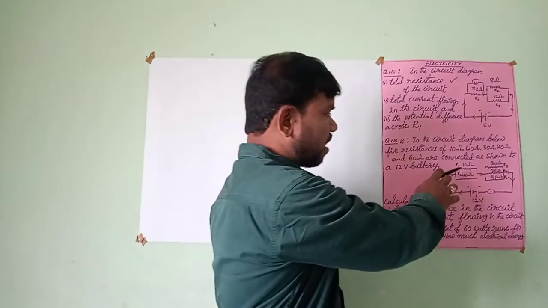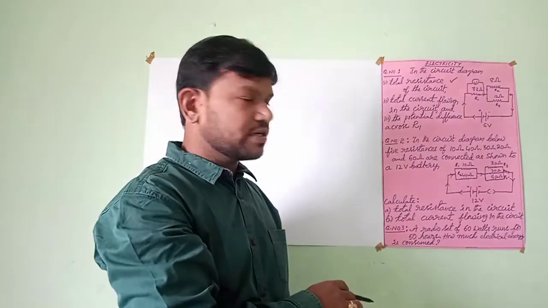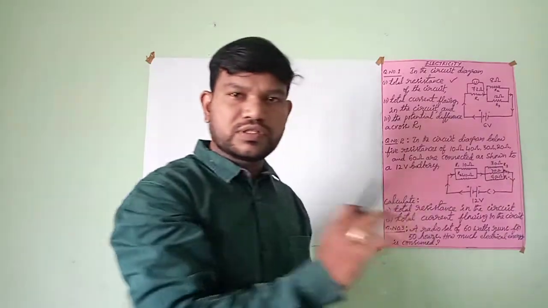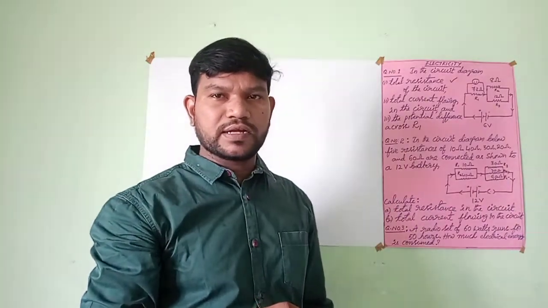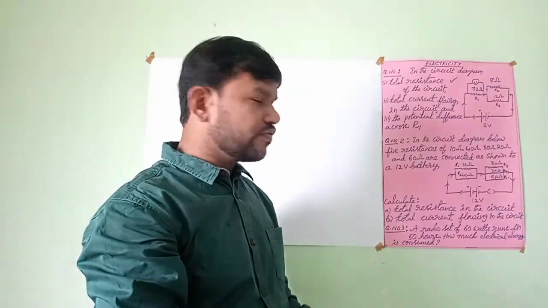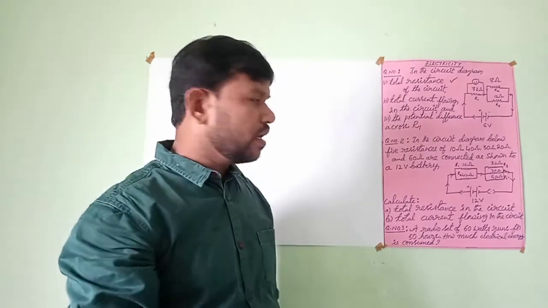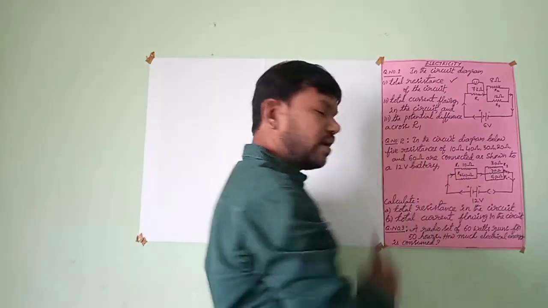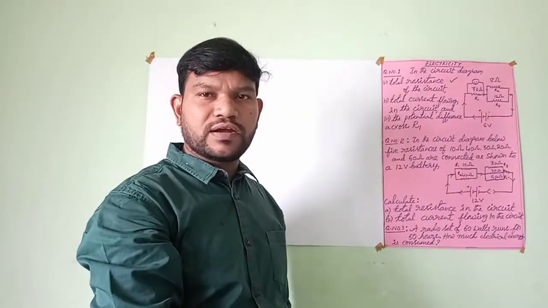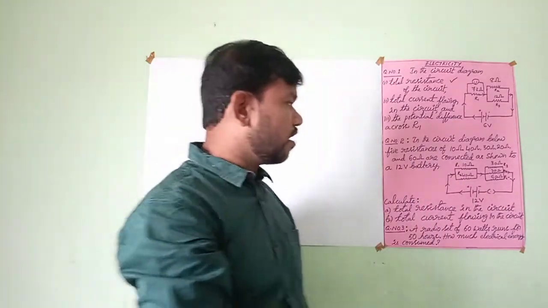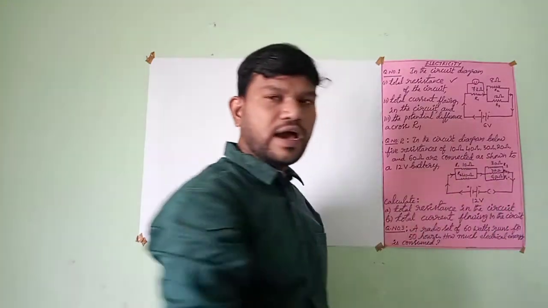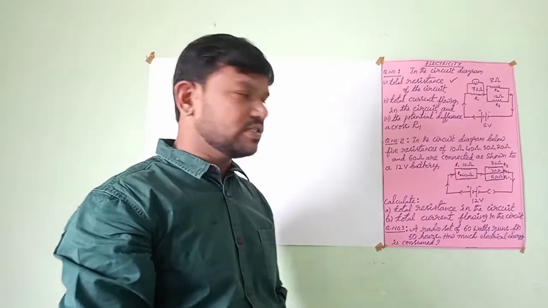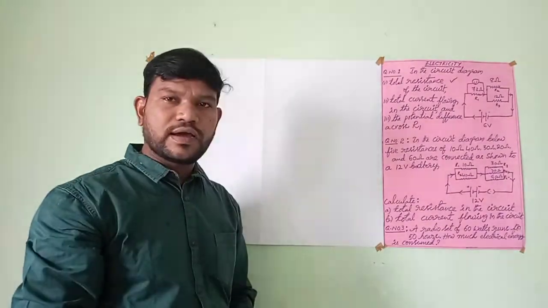Now observe, R1 and R2 are in parallel connection, and also R3, R4, R5, those 3 are also in parallel connection. So now we will find the equivalent resistance of R1 and R2, and also the equivalent resistance of R3, R4, R5, right? So first we will find the equivalent resistance of R1 and R2.